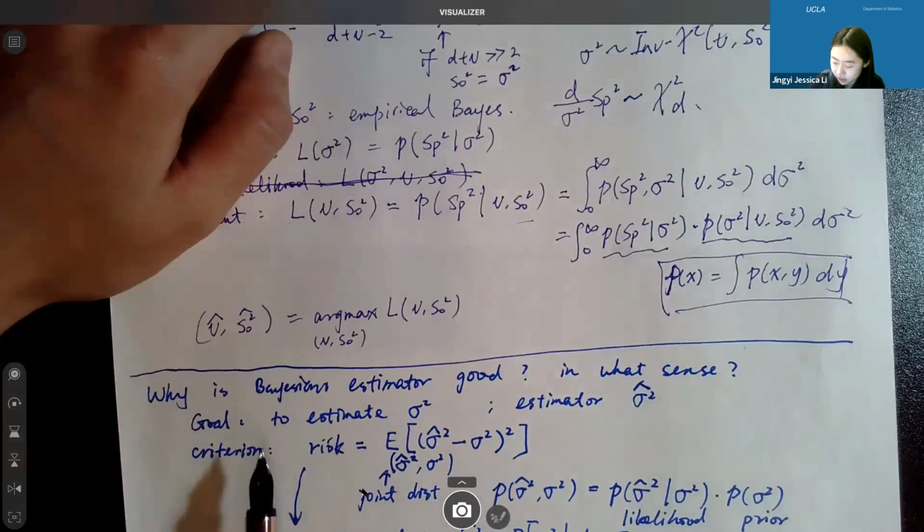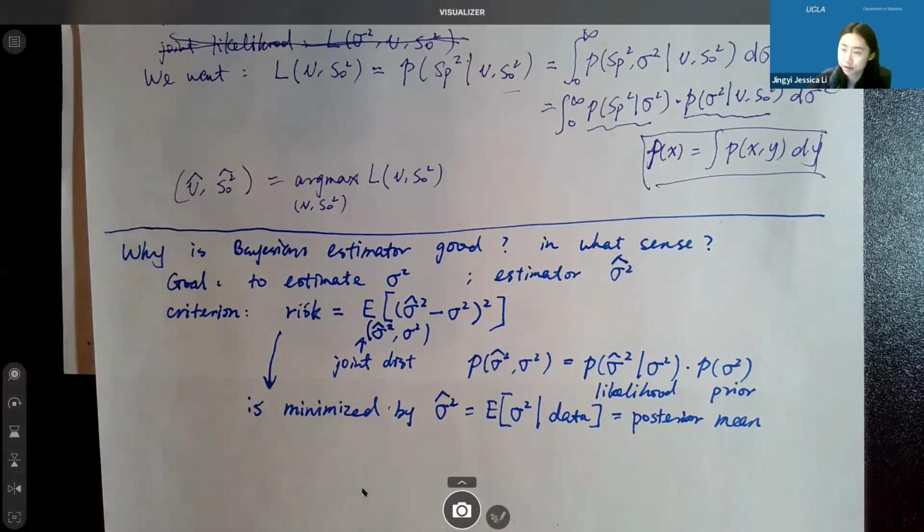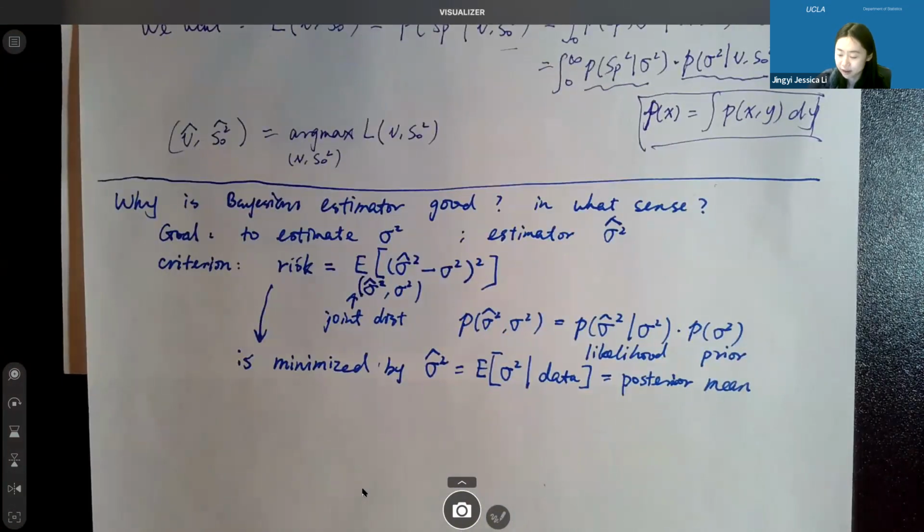Although these things are purely based on math, they provide a lot of theoretical justification for our practices, like this one. This justifies the use of the Bayesian estimator if you know the prior.